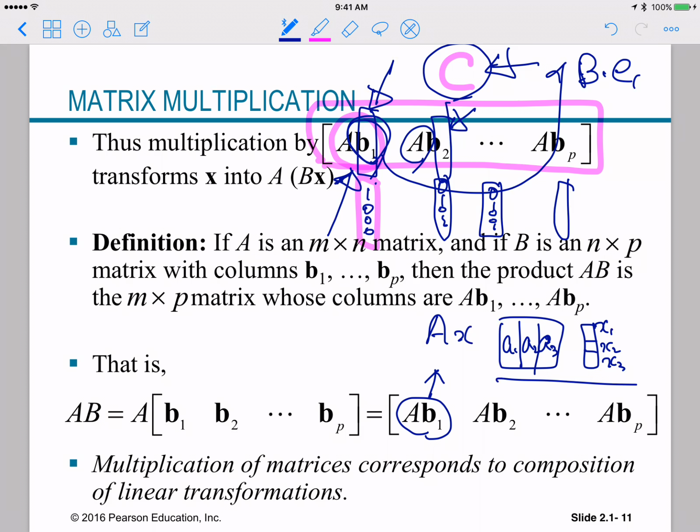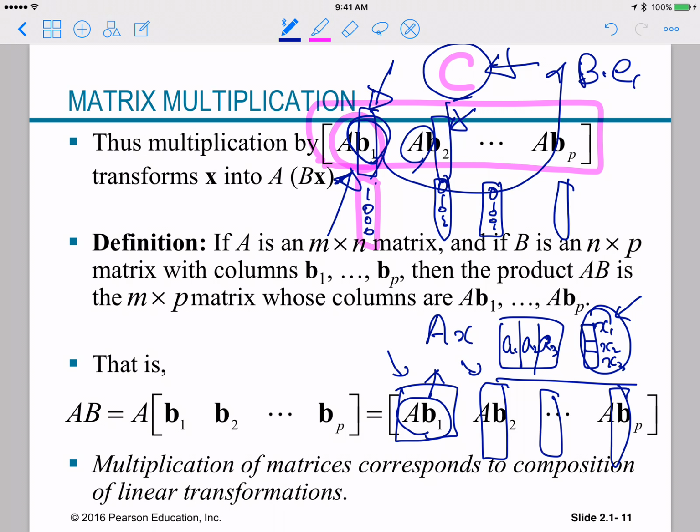This is a linear combination of the columns of A, right? And we have another vector here that is also a linear combination of the columns of A, but using different linear combination weights. So this part became different.